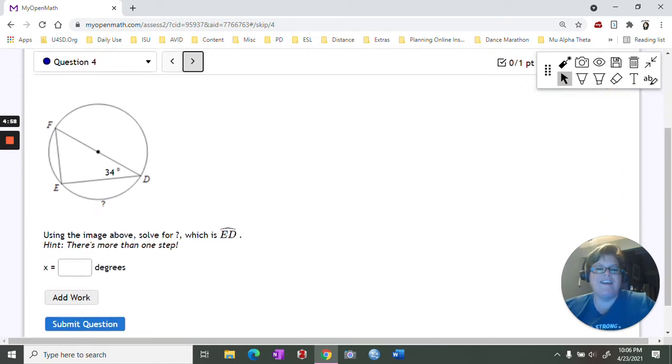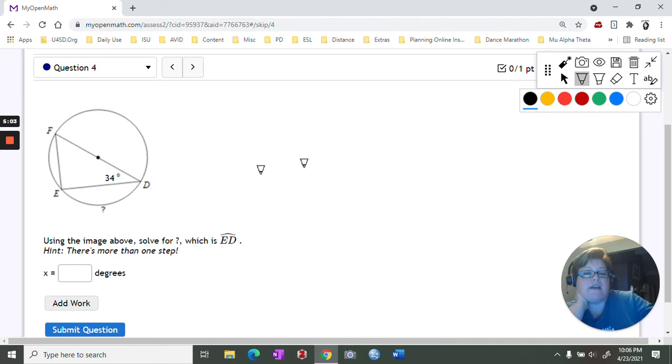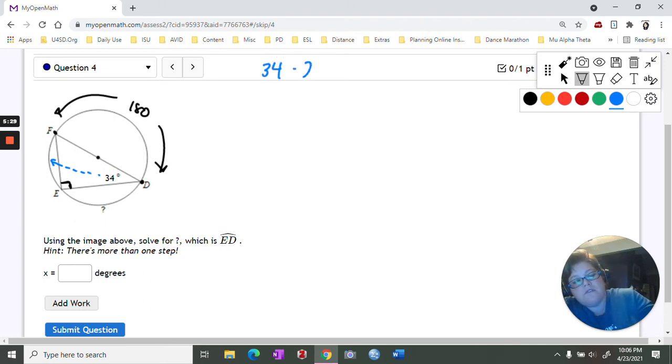Question 4. This is a workaround problem. I know we talked in class that if you have an angle that cuts off a semicircle, we know that's 180 degrees, so this is 90 degrees. We've got a couple of options. Option 1, I can bring this out and double it. 34 times 2 is 68.